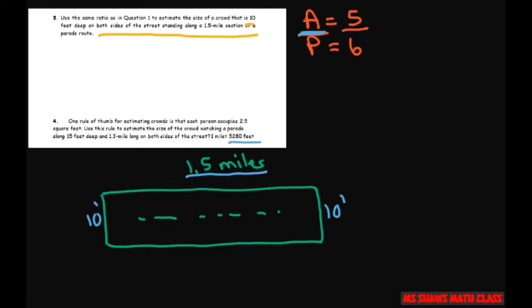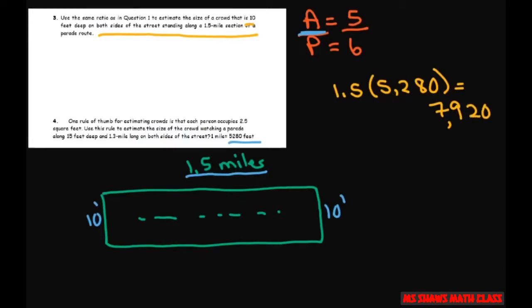There are 5,280 feet in a mile. So you're just going to take 1.5 times 5,280 feet, and that's going to give you 7,920.